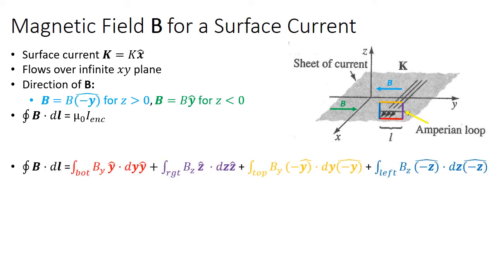Now here's what we get. When we calculate the circulation, we take the magnetic field and compute the dot product with the infinitesimal line element. We have four portions: the bottom portion, the right portion, the top portion, and the left portion.